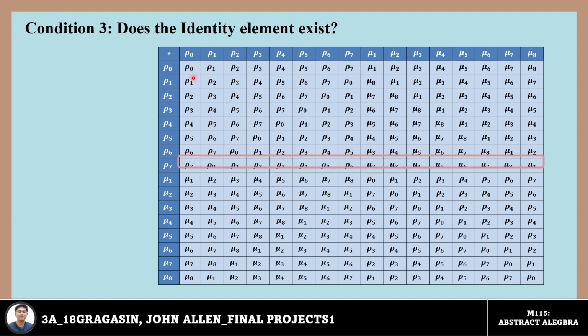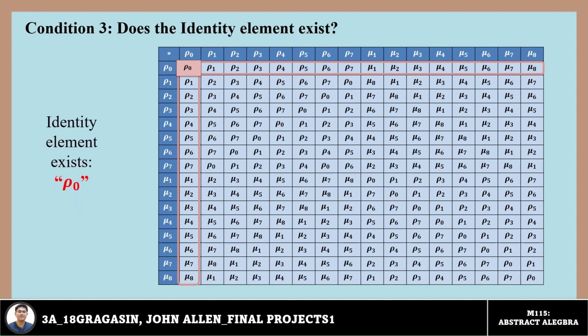As you can see here, this column is just the same as this row, and this column is just the same as this column, and their intersection would be our identity element for this table. As you can see here, the intersection is rho sub 0. Therefore, the identity element exists, which is rho sub 0. And then condition 3 is satisfied.